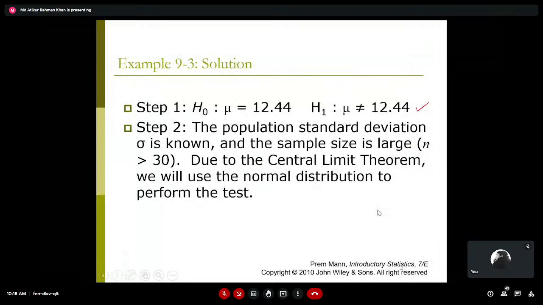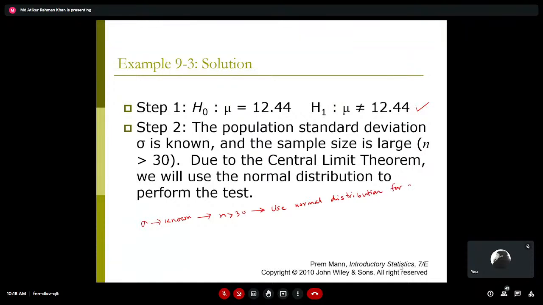Okay. So we found that sigma is known. Then we found that n is greater than 30. Then what we can do is use normal distribution for x bar. And then we calculate the Z statistic.